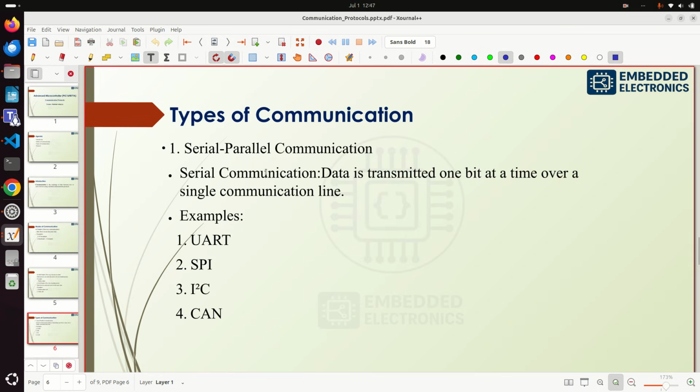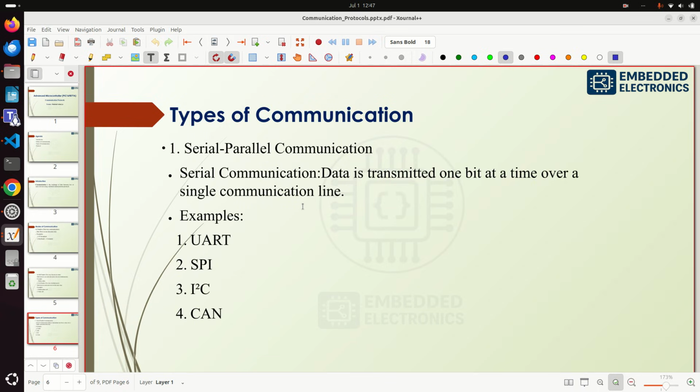Serial and parallel communication. So in case of serial communication, how many bits are getting transmitted? One bit at a time, isn't it? So data is transmitted one bit at a time over a single communication line. So it is bit by bit communication.